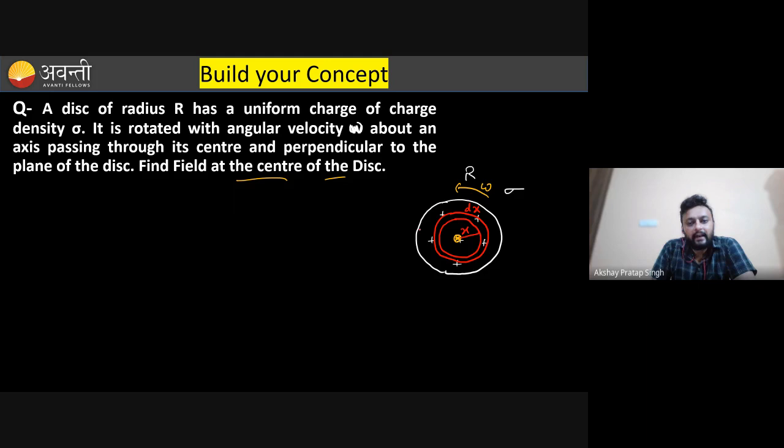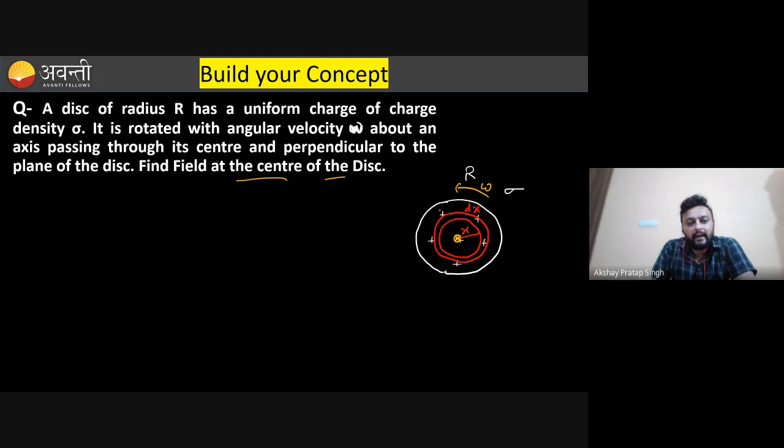Now, why am I dividing this disk into a ring? If you can calculate the current in this ring, then you can calculate the field created by this small element, which is a ring. After that, you can integrate it. So my task is simple. First step, we are going to calculate the current in this small elemental ring that we have considered. This ring will act as a loop.